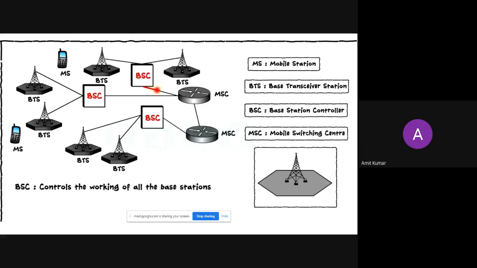From BSC, it then goes to MSC, or Mobile Switching Center, which is the master controller of the entire system. These MSCs are different for different areas. From MSC of Area 1, the signal is transmitted to MSC of Area 2, where it follows the reverse sequence as MSC to BSC, BSC to BTS, and from BTS to MS.